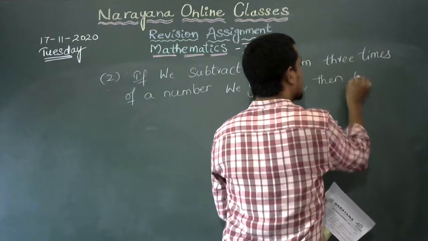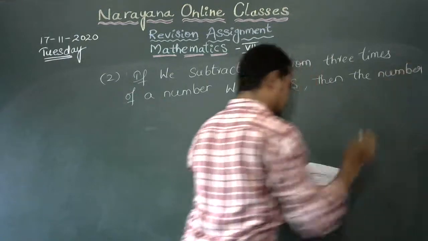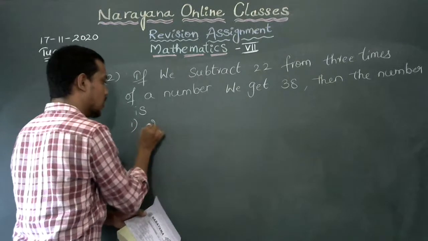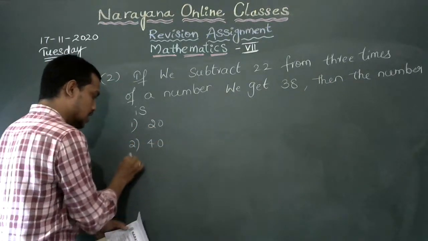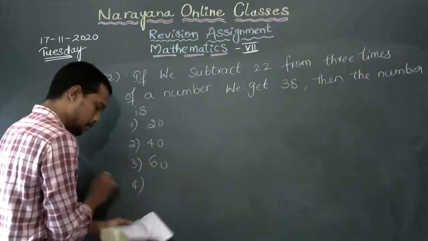Then the number is, so option 1 20, option 2 40, option 3 60, option 4 30.